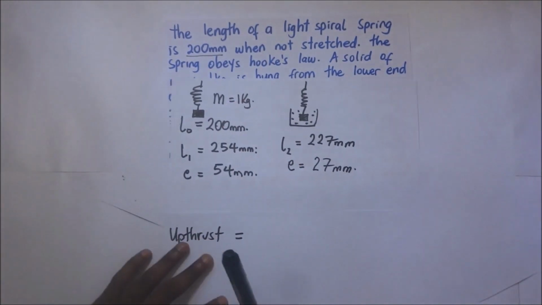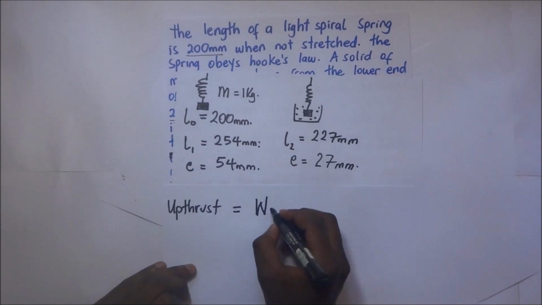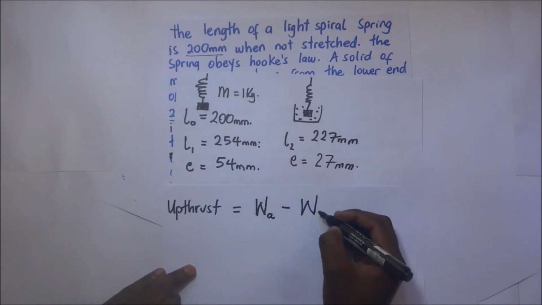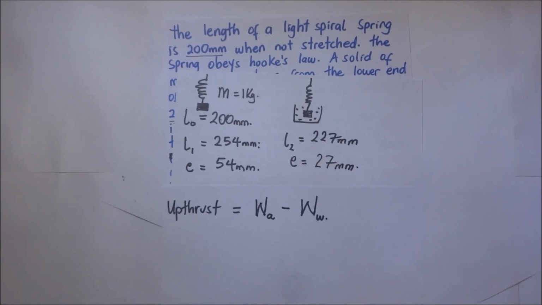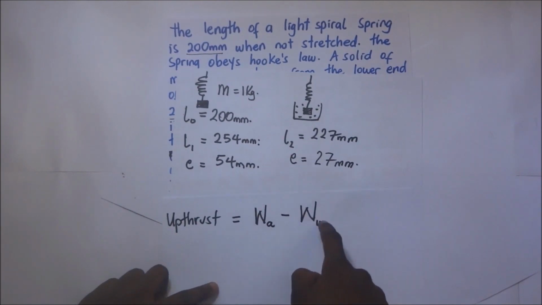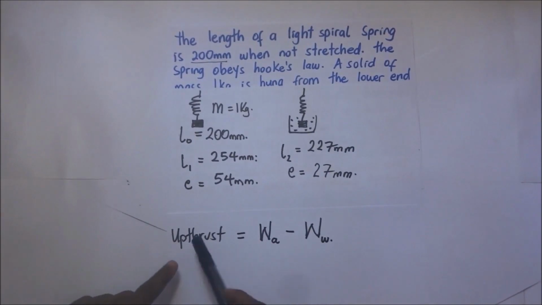Because the upthrust force here is given by the weight of the substance in air minus the weight of the substance in water, we simply need to find its weight in air and its weight in water to get the upthrust.